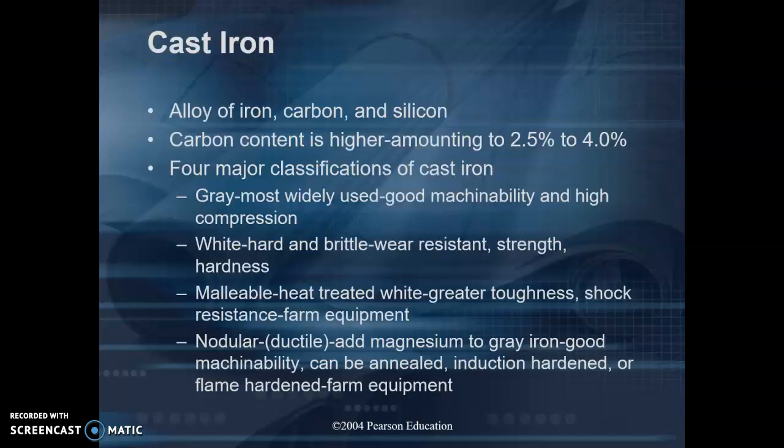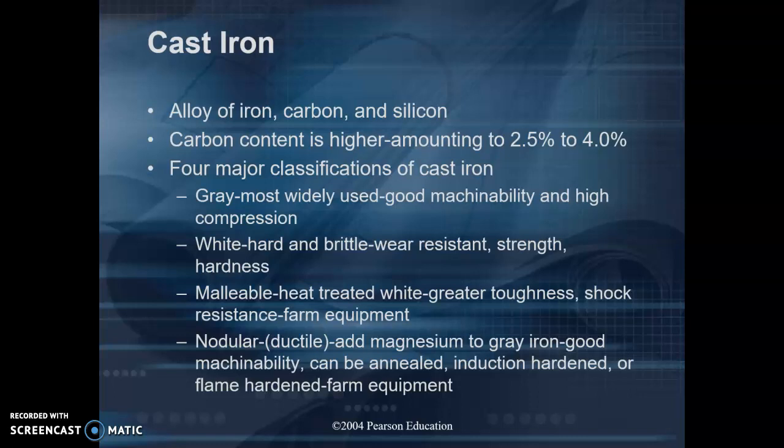Okay, moving on to a completely different topic. We're going to talk a little bit about materials. Now, this is not a materials class, but we do need to be aware of some terminology that we may see on some drawings. So cast iron is a material made from iron, carbon, and silicon.